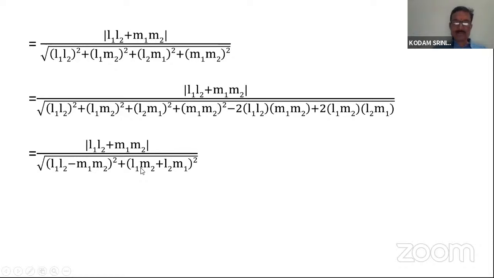That is nothing but (L1 M2 plus L2 M1) whole square. So in this case, we get (L1 L2 plus M1 M2) by under root of (L1 L2 minus M1 M2) whole square plus (L1 M2 plus L2 M1) whole square.